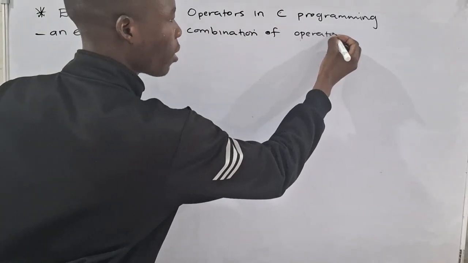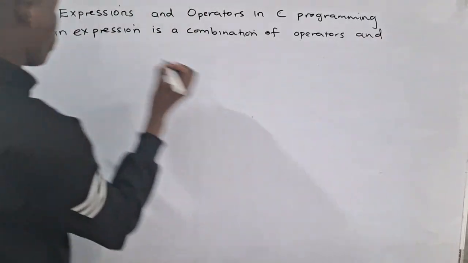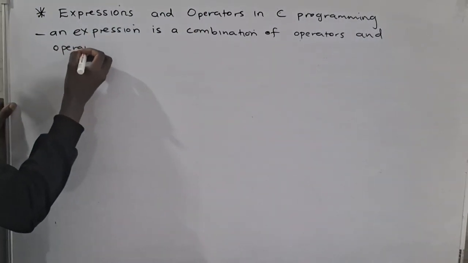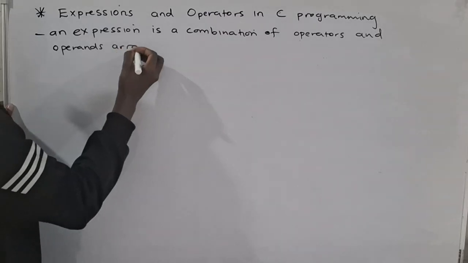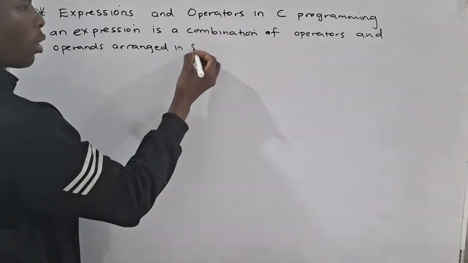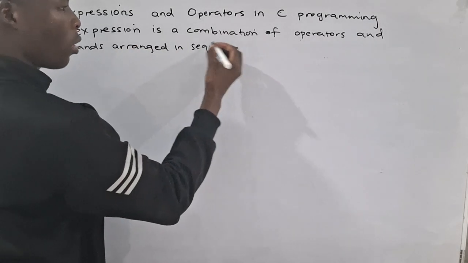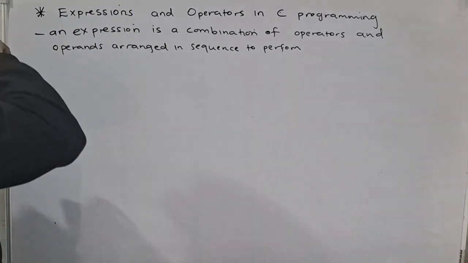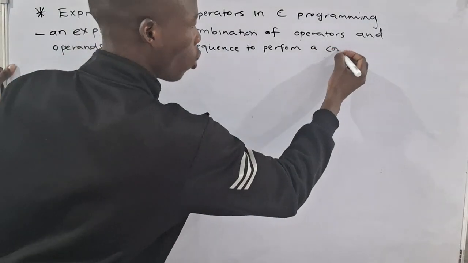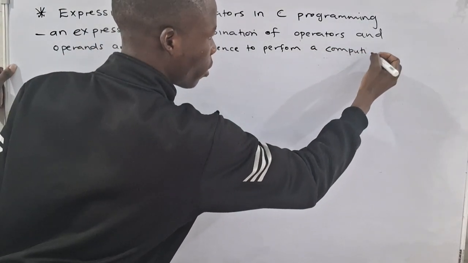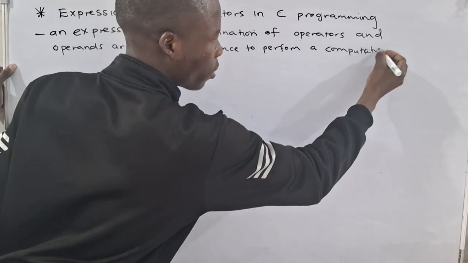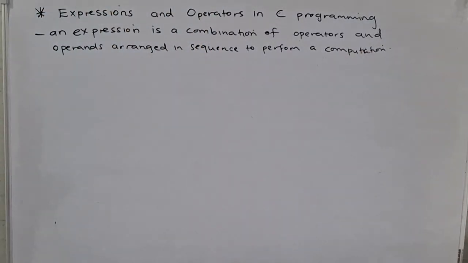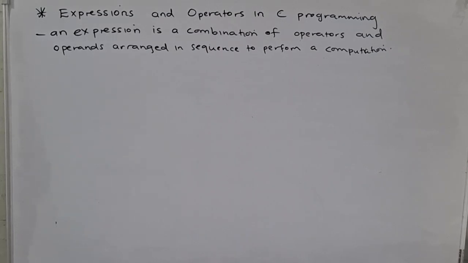Of operators and operands, arranged in sequence to perform what? A computation. To perform a computation. So an expression is a combination of operators and operands arranged in sequence to perform a computation.